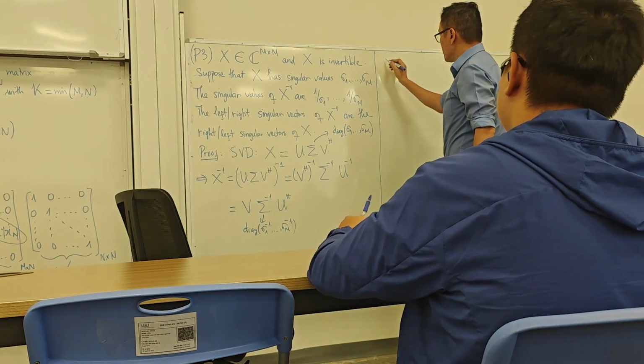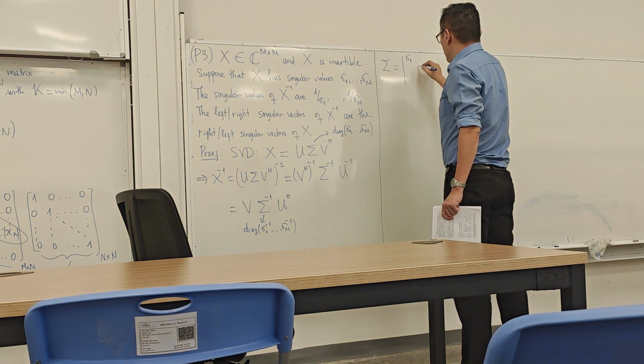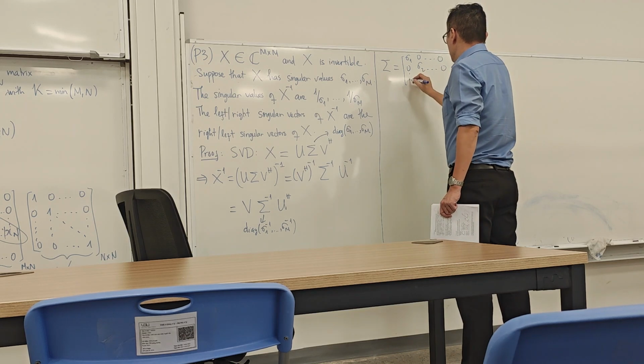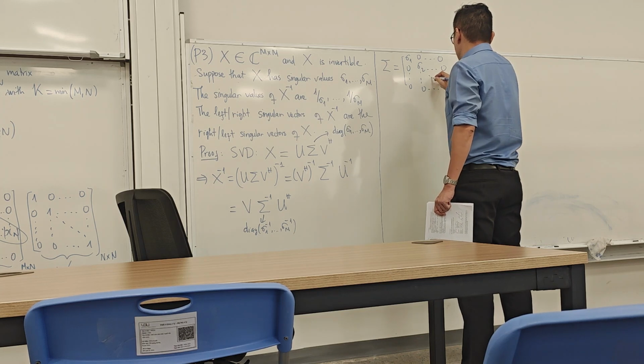This is the following. For example, you have sigma here. Sigma equal to sigma 1, sigma 2, 0, 0, 0, 0, 0, 0, sigma m.